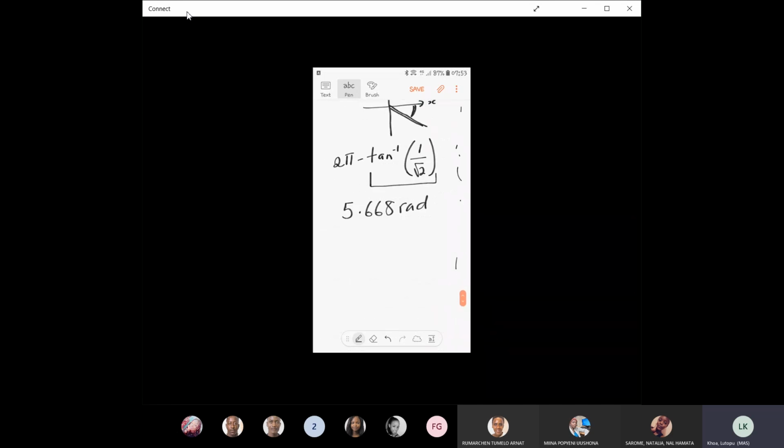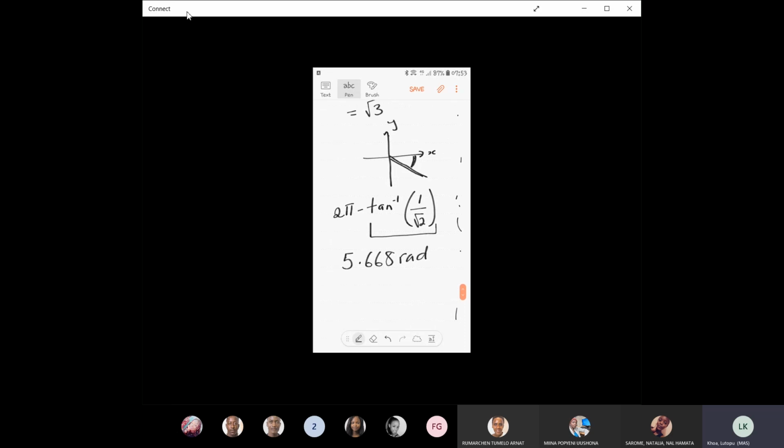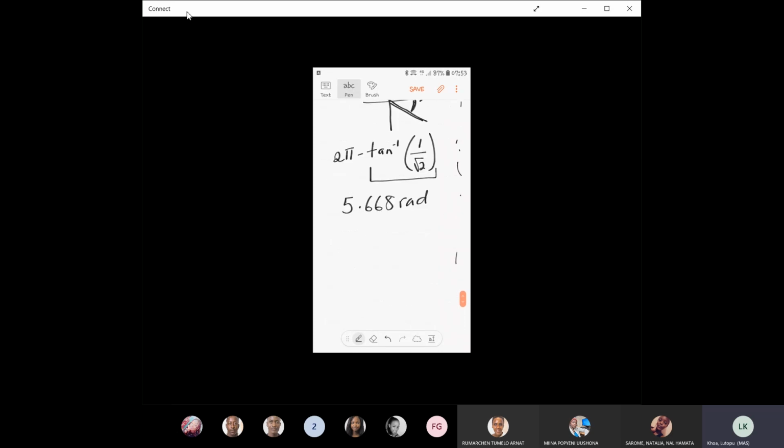Okay, so now that I have my angle and I have r, I just substitute them into the exponential form. So I will have z, my r is square root of 3, then I have e to the power of 5.668 j, and that's it.